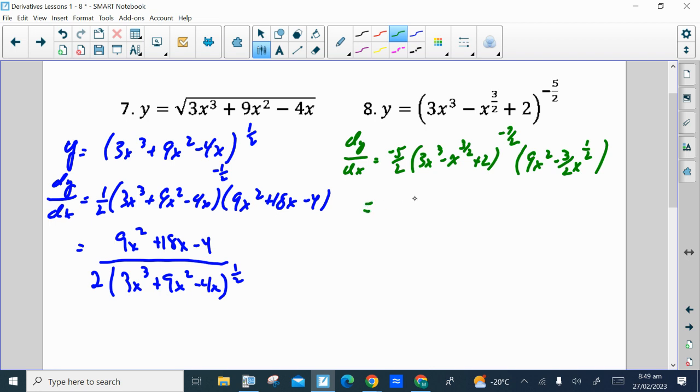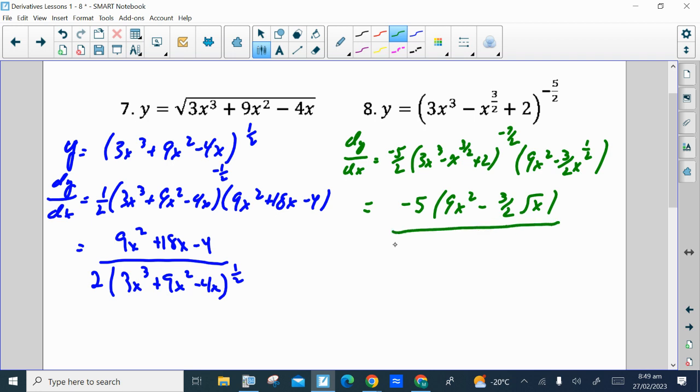And you might simplify this. The negative 5 would stay on top. That last factor would stay on top. And you might change that last term of that factor to 3 halves root x.